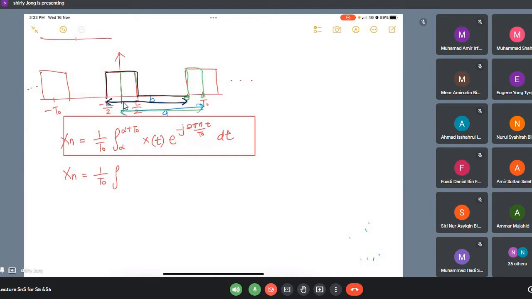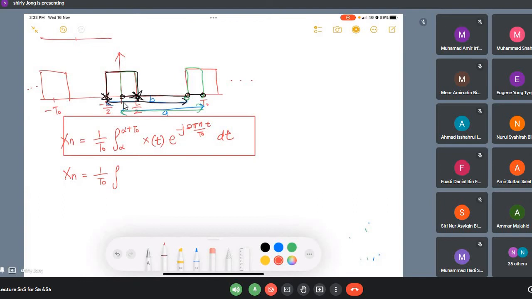I don't need to do 2 times, because if you choose A, I will have to do from here to here and then here to here, because this is the complete cycle. You get what I mean here? If you choose B, it is from here to here only. But the range is still the same. Okay? So let me continue.